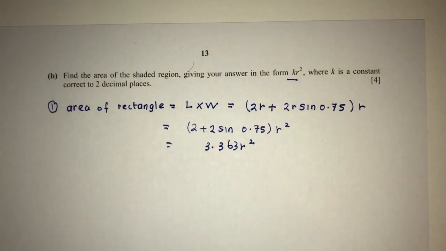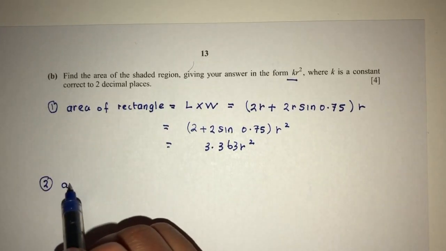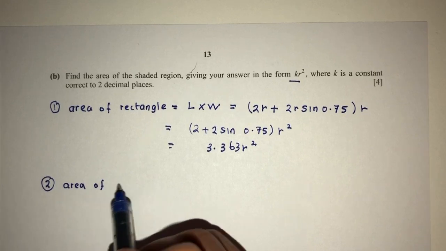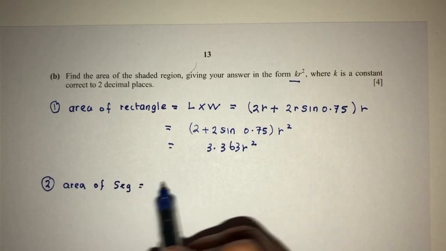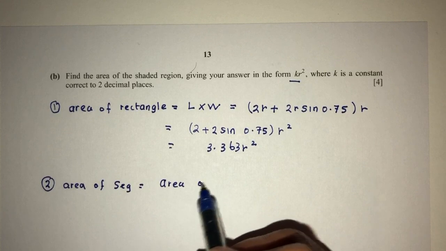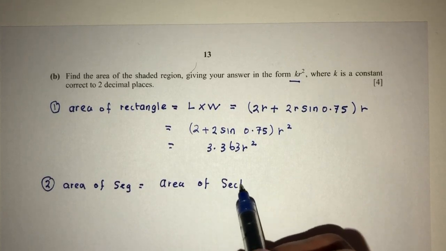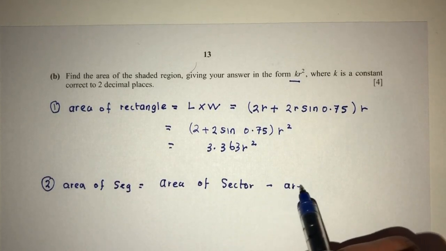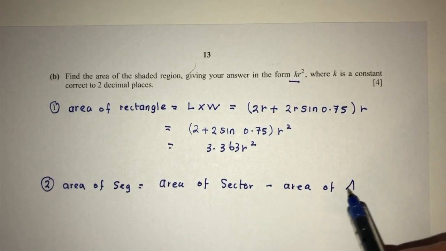Area of segment is area of sector minus area of triangle.